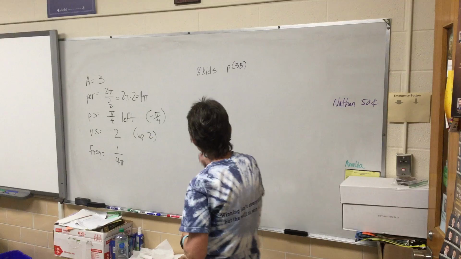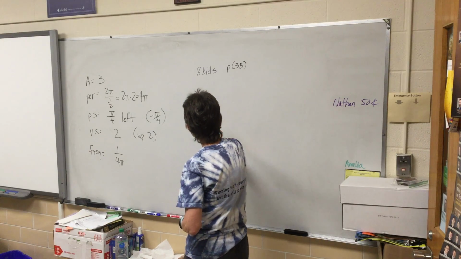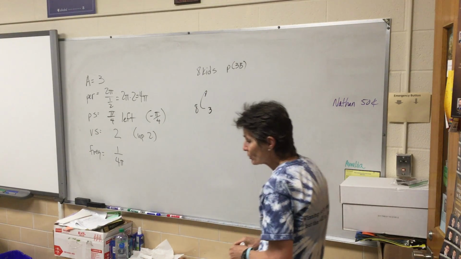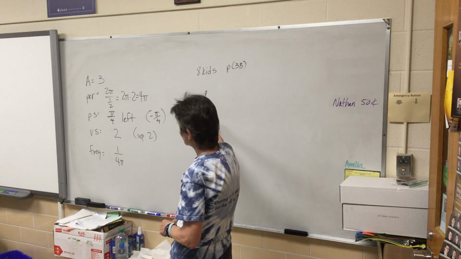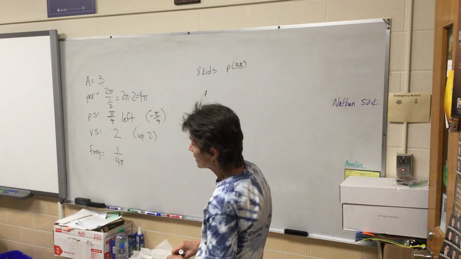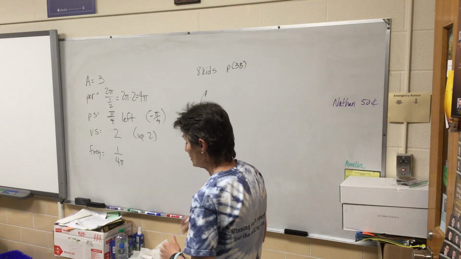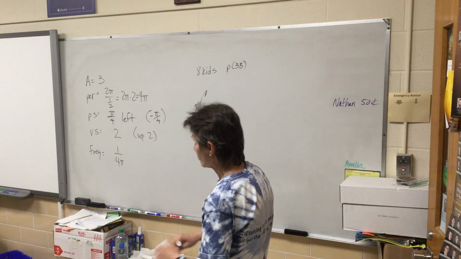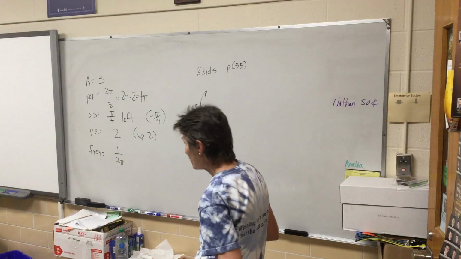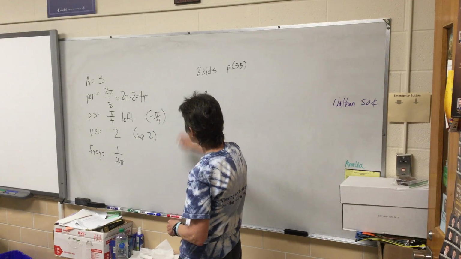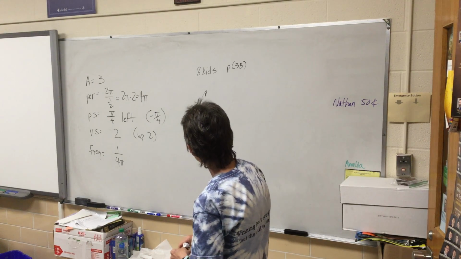So we're going to have 8 children. We're going to pick 3 of them to be boys. The order doesn't matter. That's why I'm using C. I don't care if it's boy, boy, boy, and then all girls, or if the boys come at the end, or if the boys are mixed in. Doesn't matter. I just want 3 of the 8 to be boys.